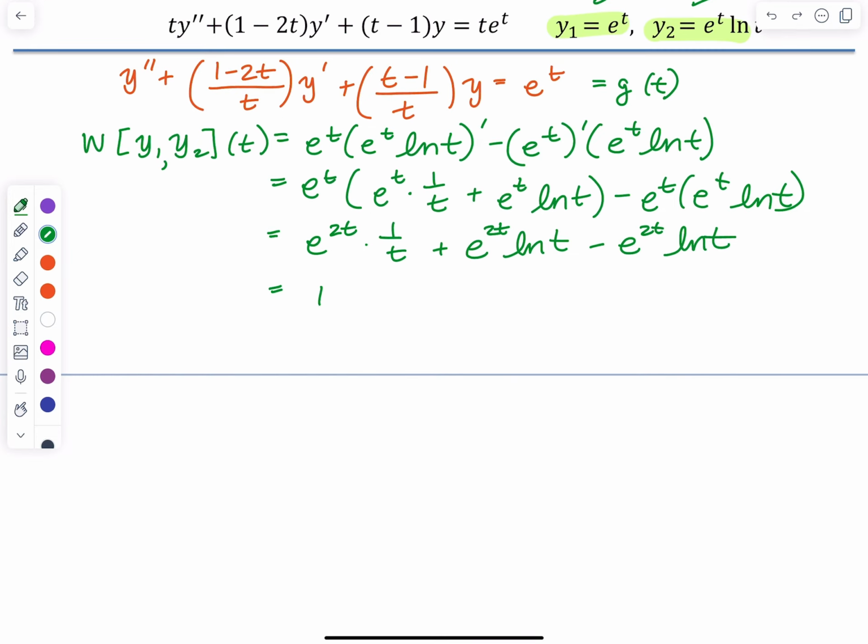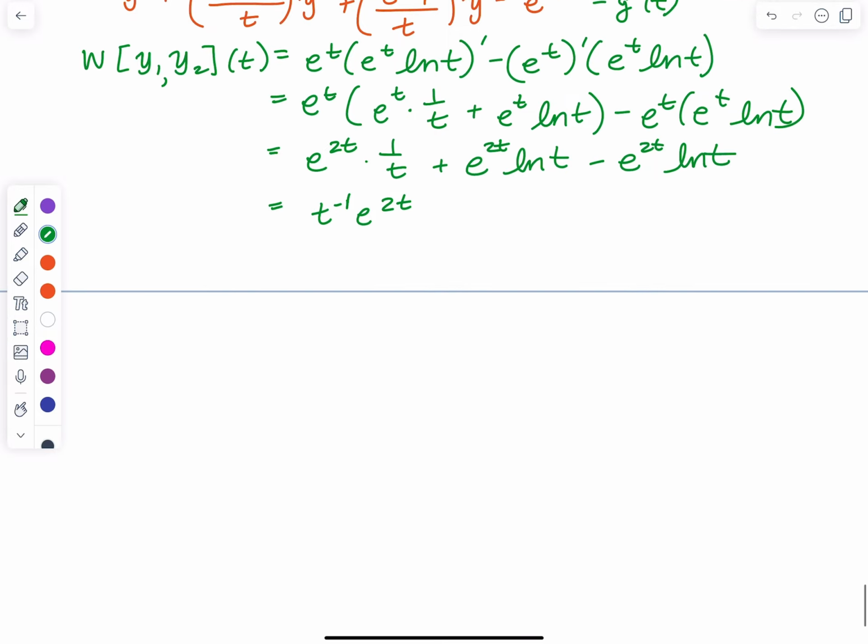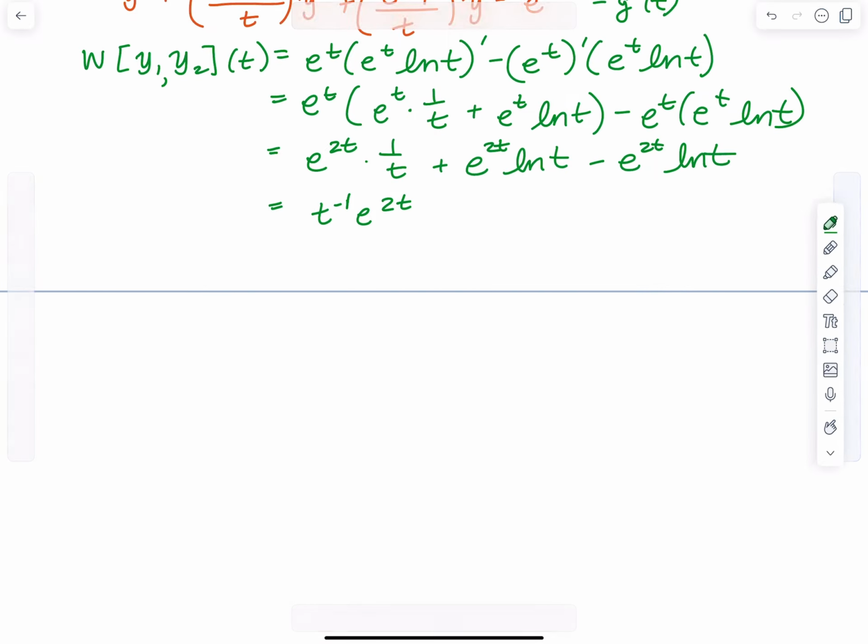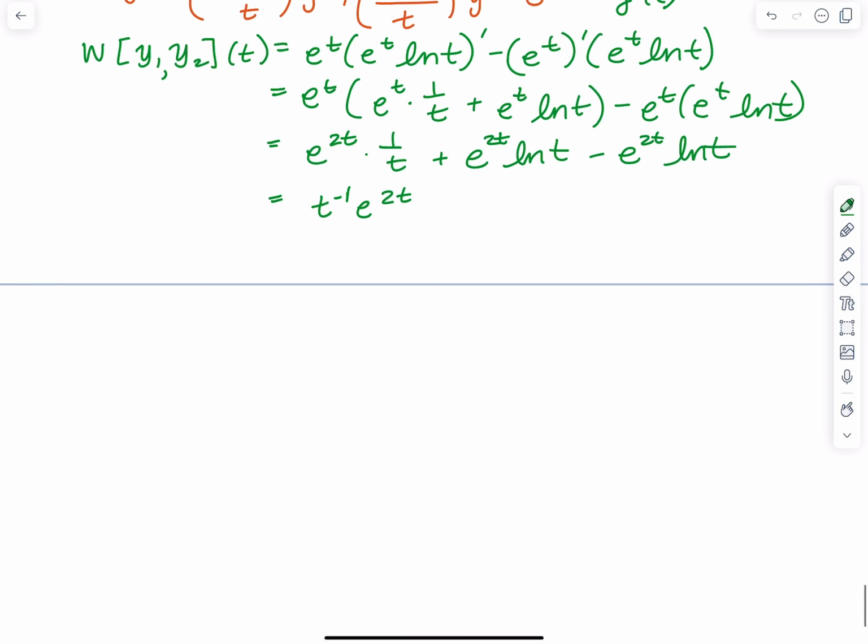So we could write that as t to the negative 1 e to the 2t. So that is going in the denominator of our solutions, v1 and v2.